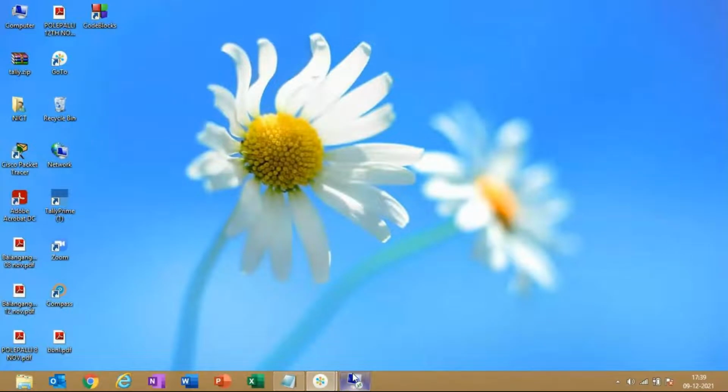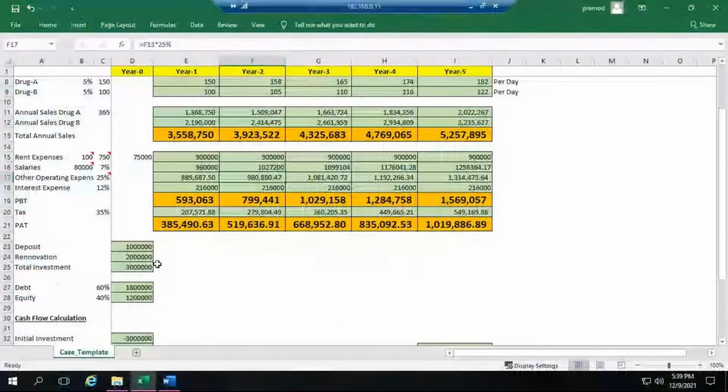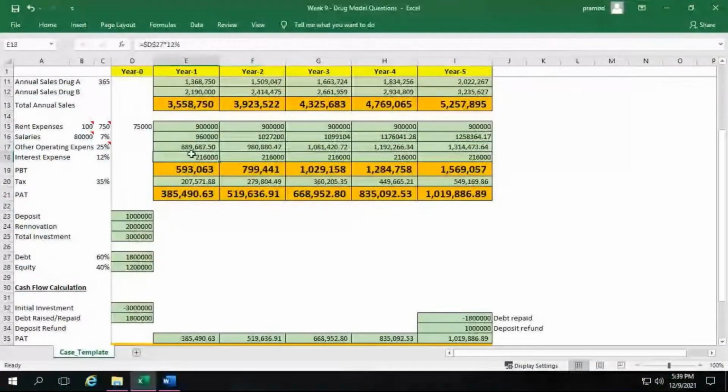Interest expenses, sorry. Interest expenses is on the debt amount, which is 12%. Here, take the debt amount into 12%. This debt amount will remain the same, so when I drag, I made D27 an absolute reference.